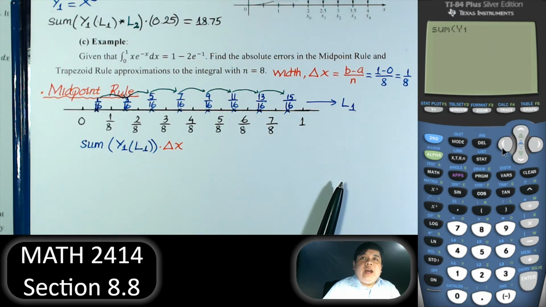If your calculator does not do that, don't worry, hit variables, Y variables, function Y1, and we evaluate Y1 on the midpoints, and then multiply by the width of 1/8. So we have that.